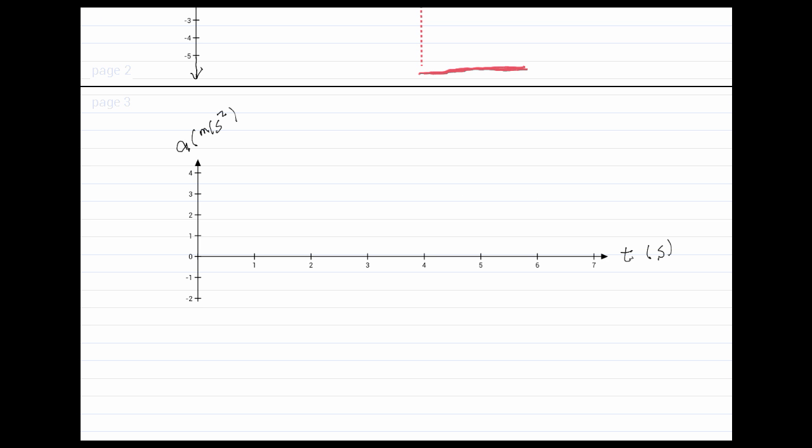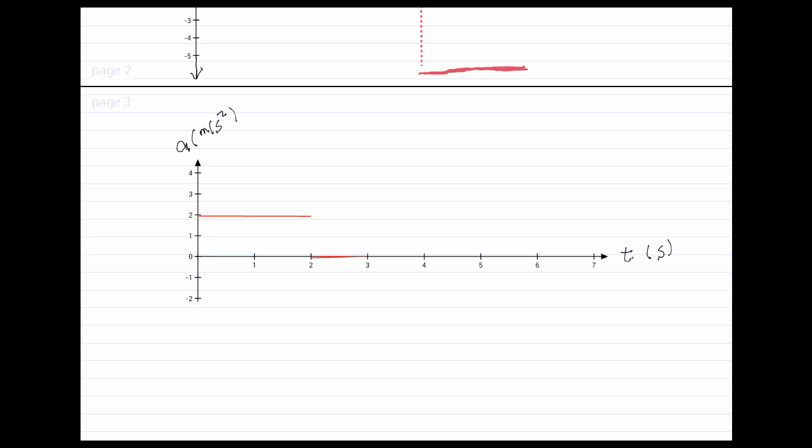Okay, and let's just make up some values here. Let's say from 0 to 2 seconds, we have an acceleration of 2 meters per second squared. And from 2 to 3, we have 0.